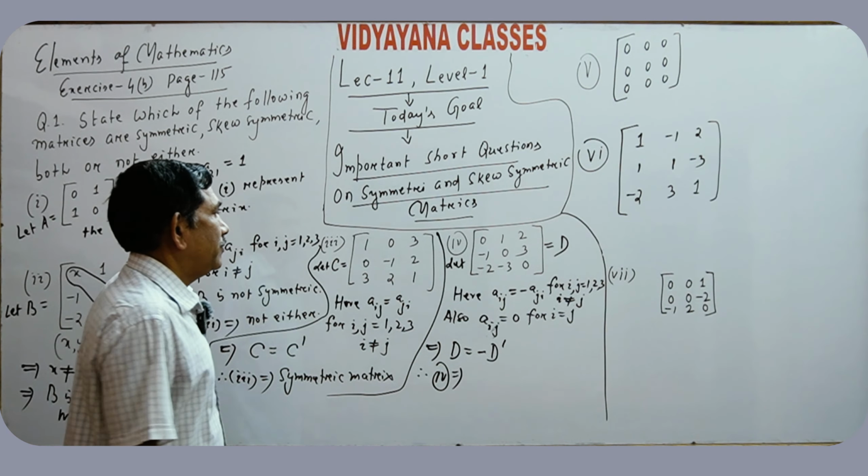Fifth bit implies both, which means symmetric and skew symmetric.